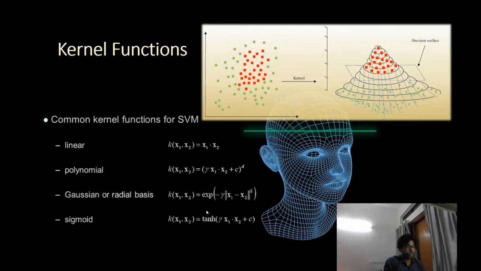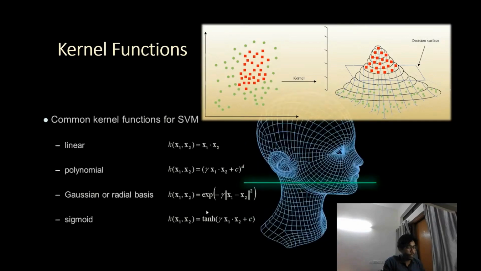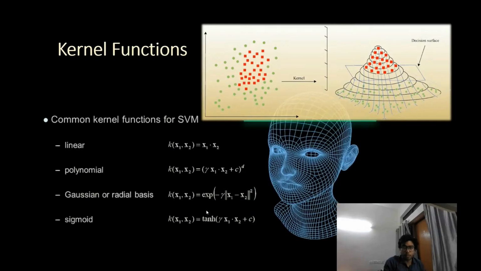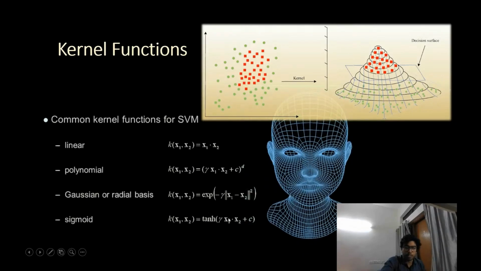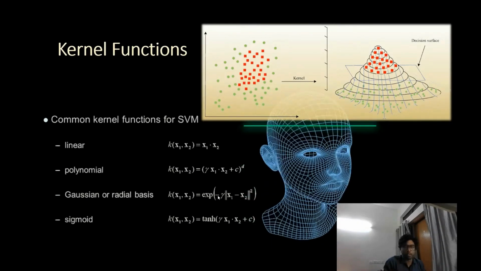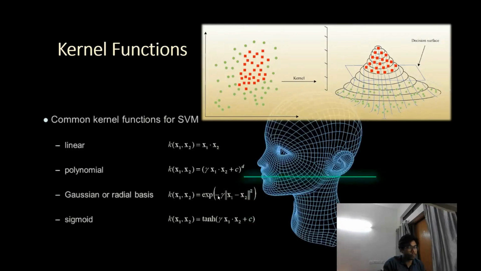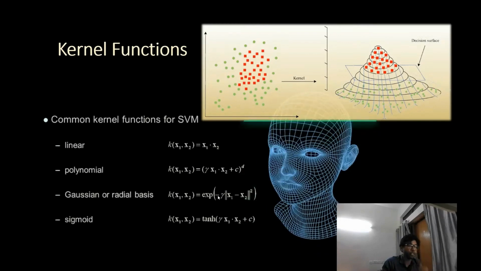But not necessarily all the kernels will give you better performance. So you have to see which kernel is giving you better performance and what parameters you choose. Like in this case, you have to choose the gamma parameter, and see which gamma is giving you better performance. But these are some examples of the commonly used kernels.